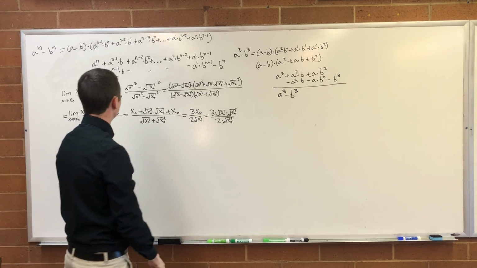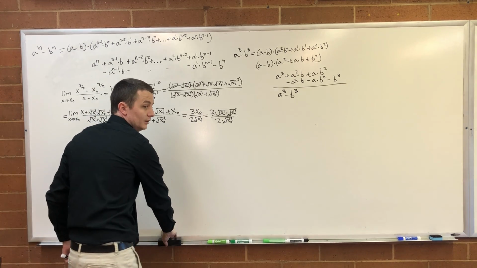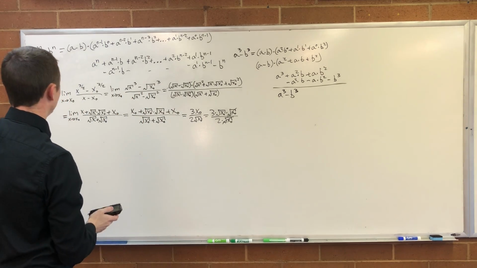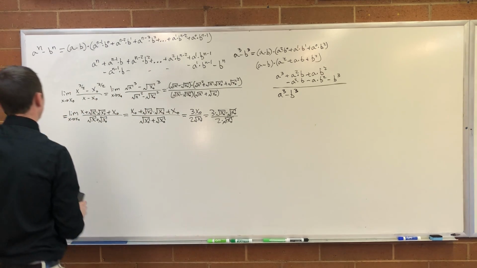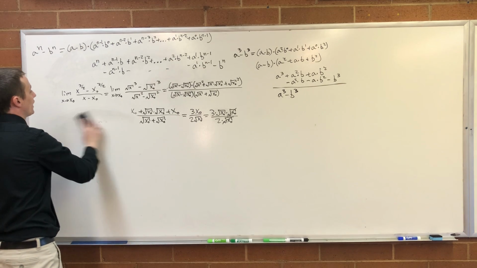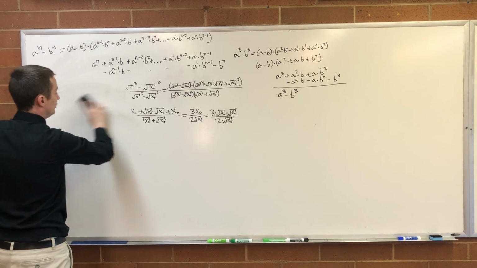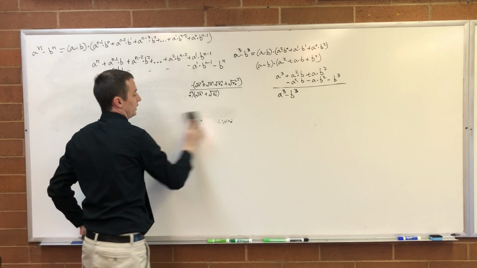So now that we did it the hard way, let me teach you the formula for how to do these the easy way. We'll be using this algebraic formula here.